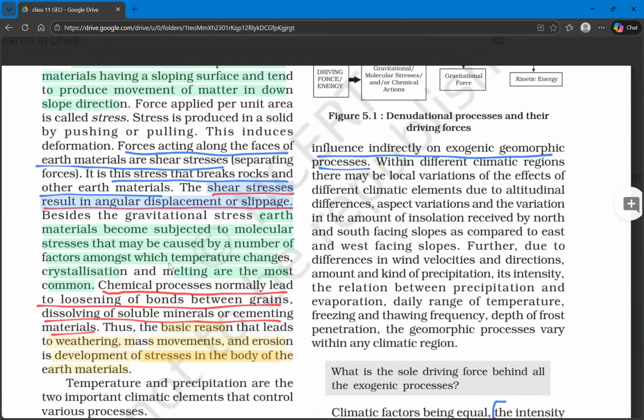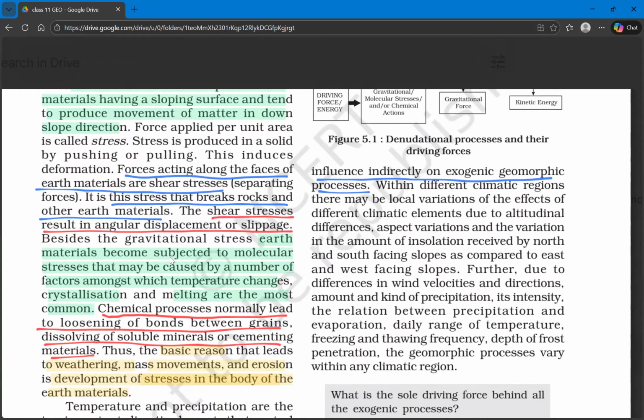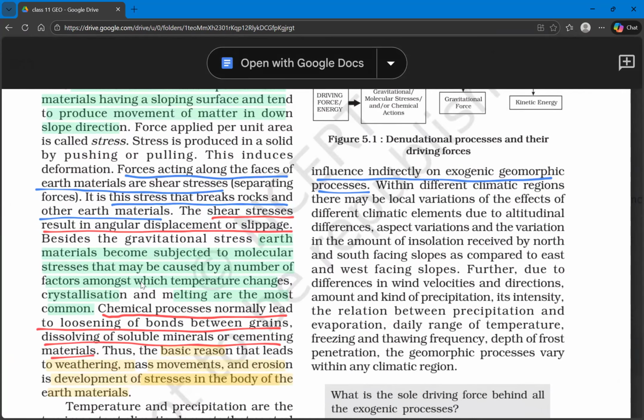Next, besides the gravitational stress, earth materials become subjected to molecular stresses also. So there are two types: shear stress, that is gravitational stress, and also molecular stress that may be caused by a number of factors, amongst which temperature changes, crystallization, and melting are the most common.